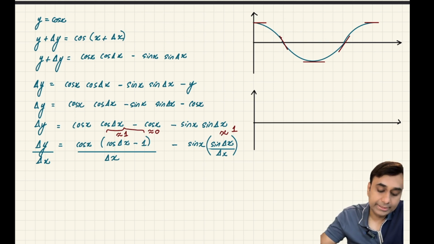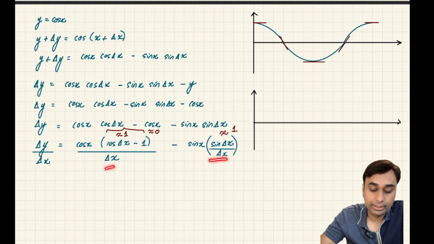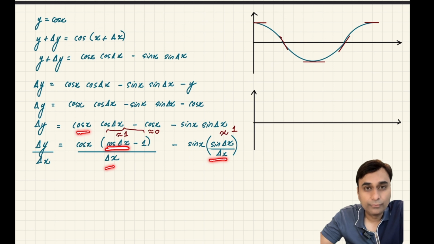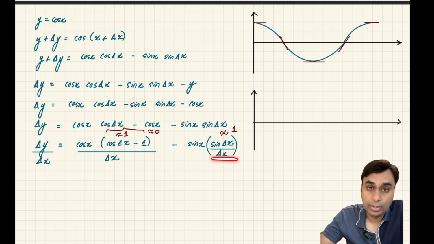So after dividing this entire thing by delta x, taking cos x common, I can recognize that for a very small angle, cos delta x approaches 1. And if this approaches 1, then 1 minus 1 approaches 0, so this entire term is going to become 0. And another identity that we did talk about, these two are just approximations, do not forget that, is that sine delta x upon delta x is approximately equal to 1.